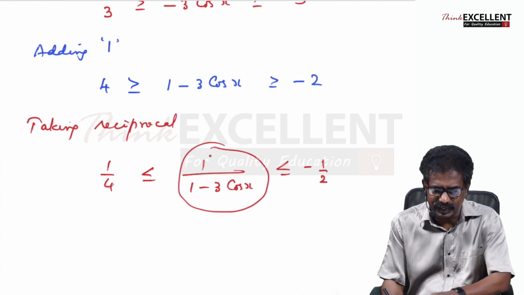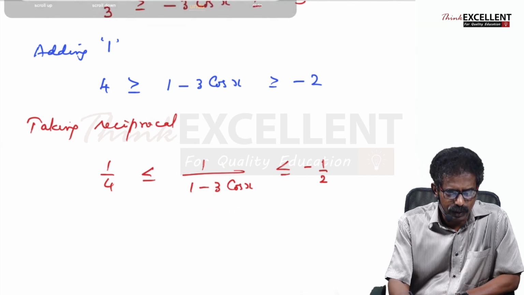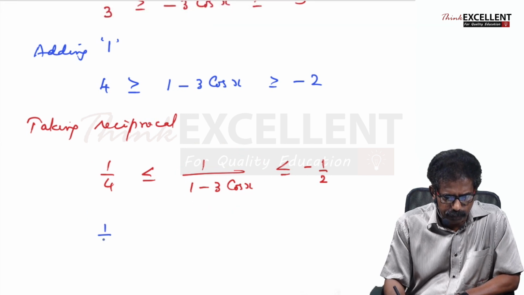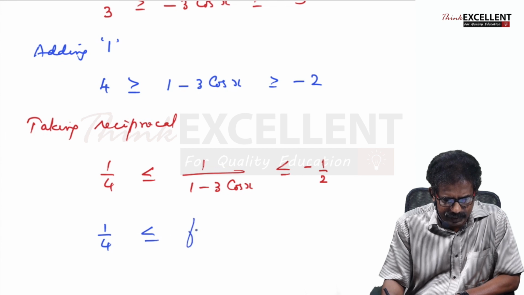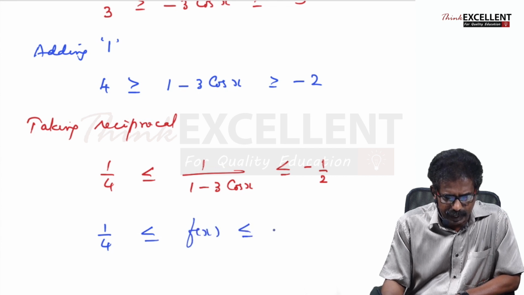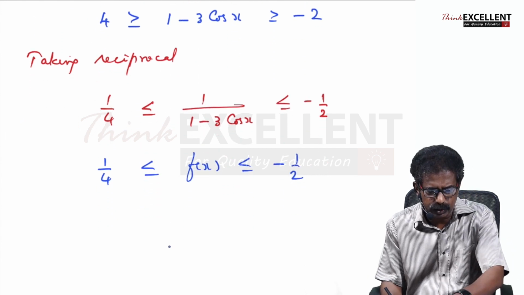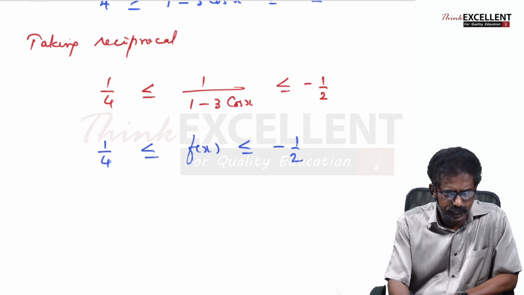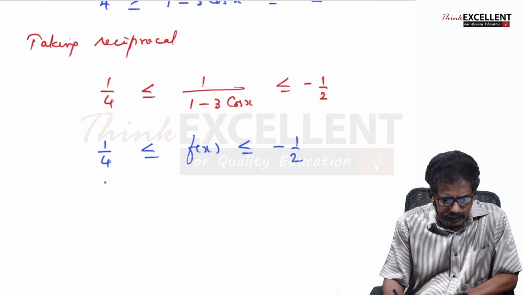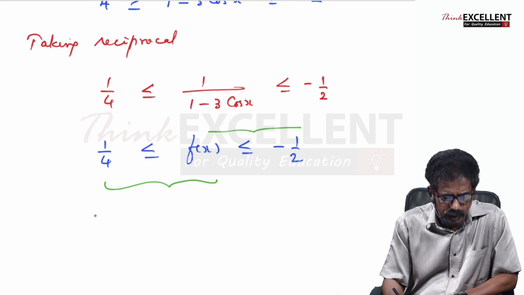This is our f of x, the question. One more step if you want, you can write 1 by 4 less than or equal to f of x less than or equal to minus 1 by 2. Now I'm going to split into 2. Take this part separately and this separately, okay? When I take this one, 1 by 4 is less than or equal to f of x. If you reverse it, f of x is greater than or equal to 1 by 4.